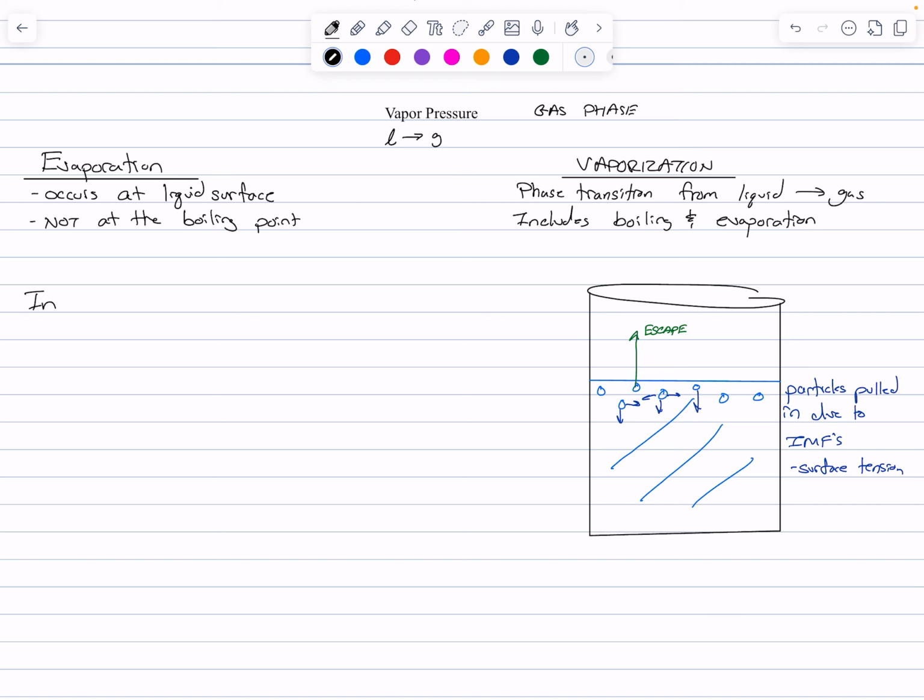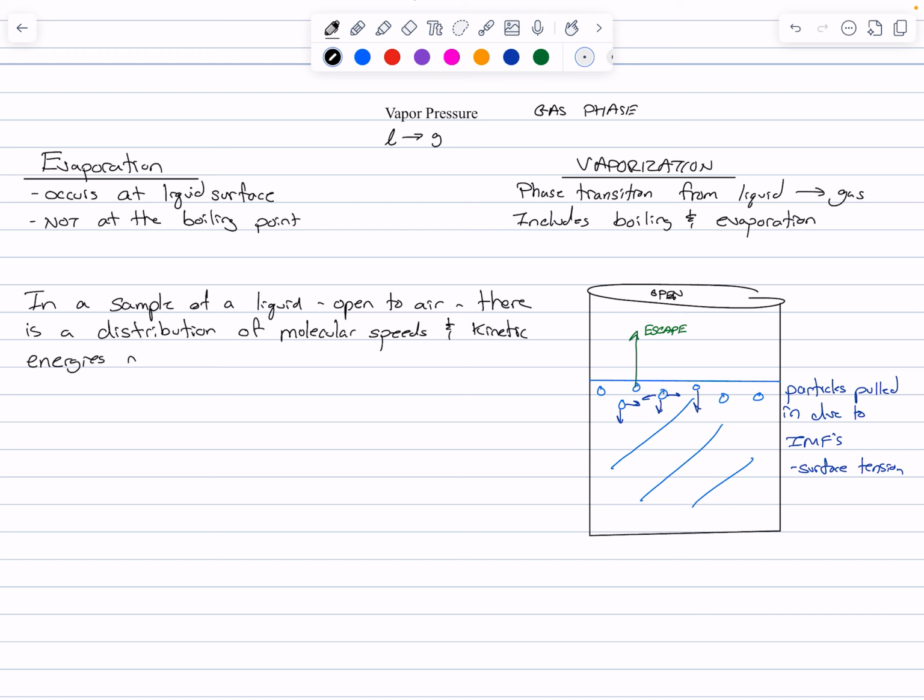In a sample of a liquid, and we're going to say this is open to air, that's important, there's no lid, there is a distribution of molecular speeds. And if the speeds are different, there are also different kinetic energies.